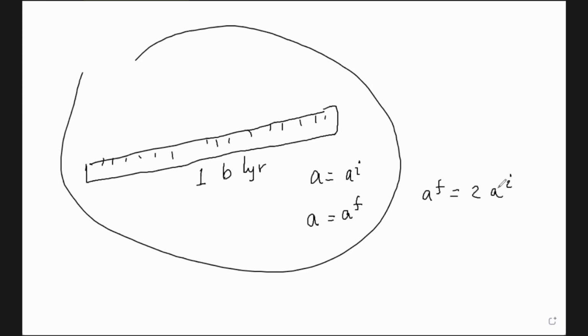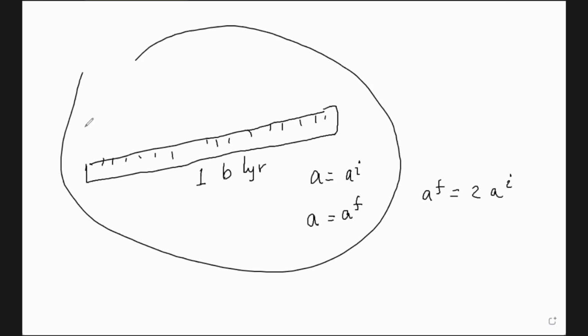That means the universe has expanded 2 times in all directions. What will be the length of this scale? Actual physical length. That will be the same? It should be the same, right? Why? It should remain the same.